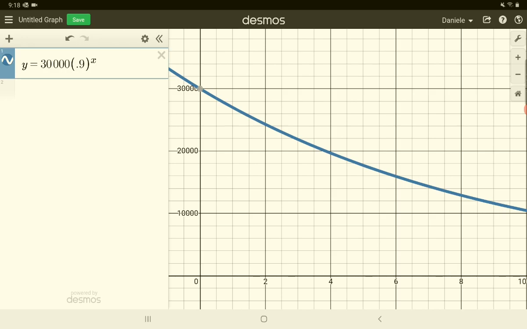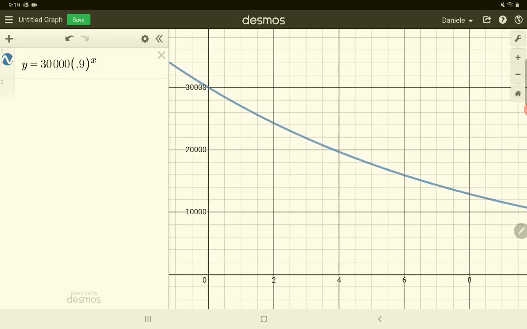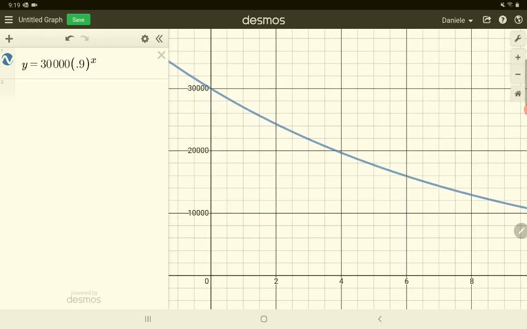So our question is, when will the value of the car depreciate to 20,000? I'm basically looking for somewhere around here, where this line at 20,000 will line up with this curve. And we can get an exact value from this graph. That's the beauty of graphing technology.